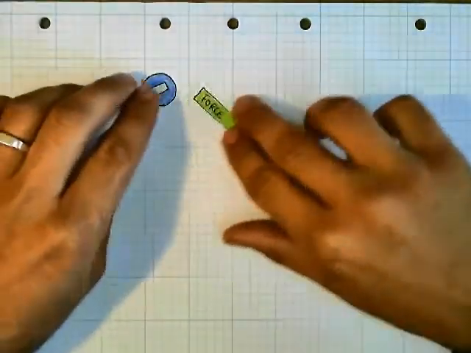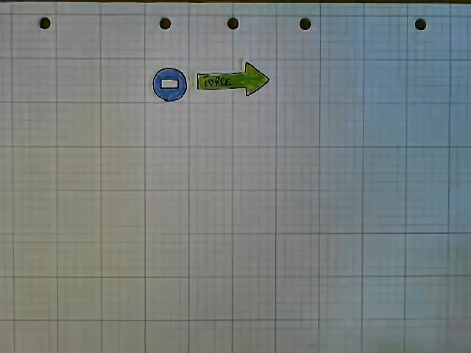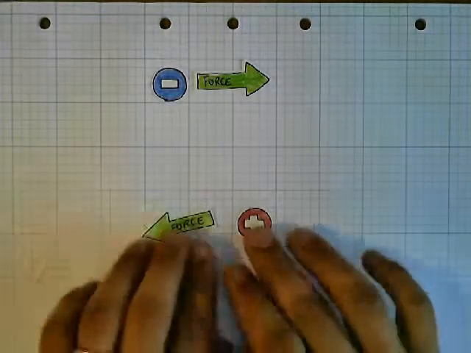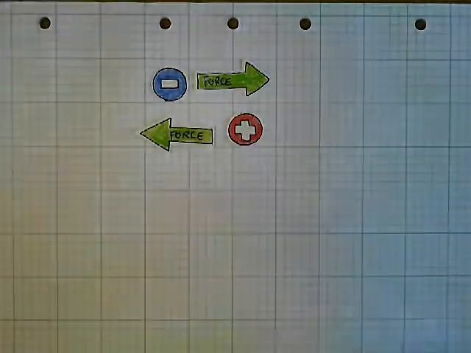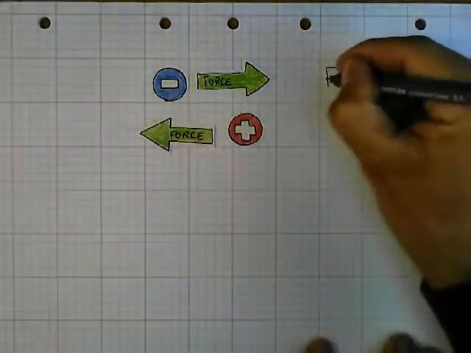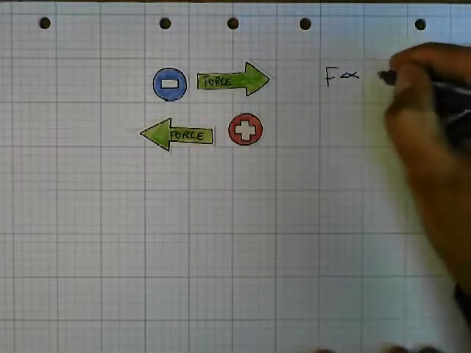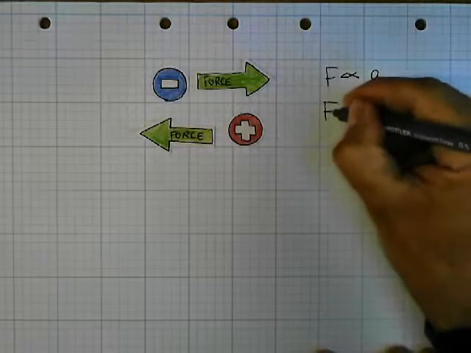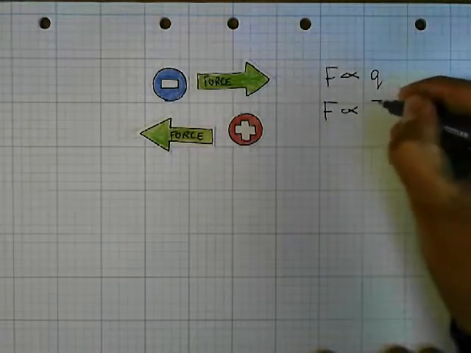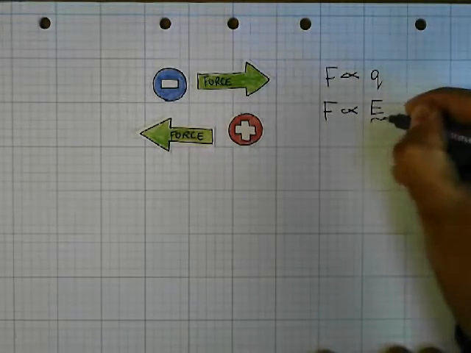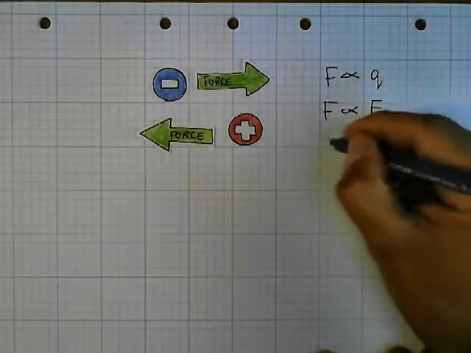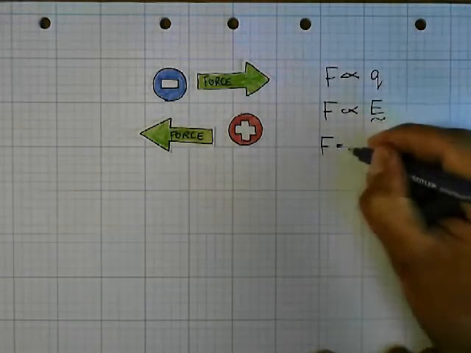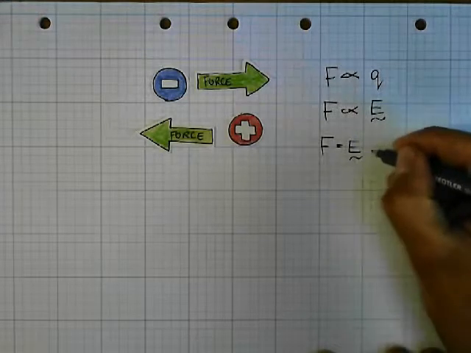The forces on a charged object in an electric field are proportional to the charge of the object, Q, and also proportional to the electric field strength. That gives us the formula F equals EQ.